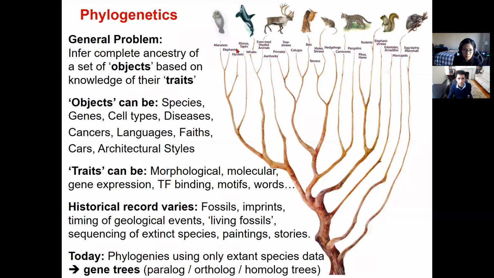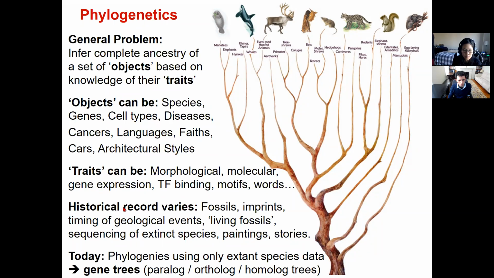Now, these objects can be species, genes, cell types, diseases, cancer types, languages, faiths, cars, architectural styles. They could be anything. And the traits can be morphological traits or molecular traits or gene expression or TF binding or motifs or words and types of records that someone listens to and so on and so forth.